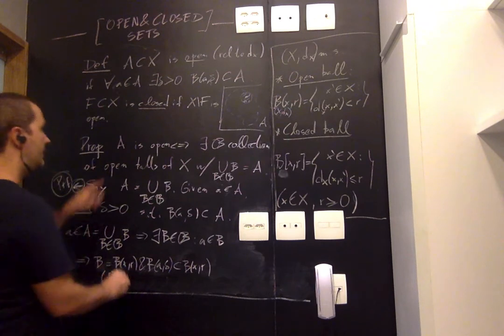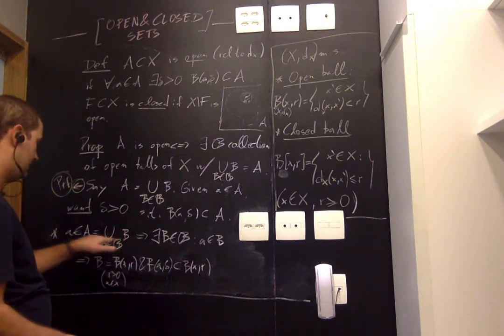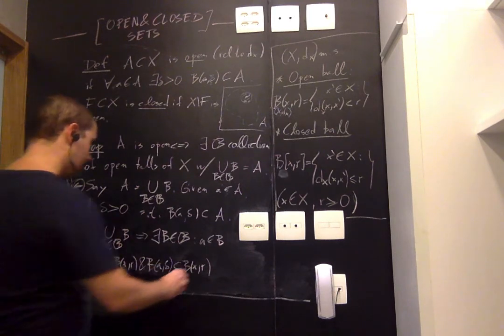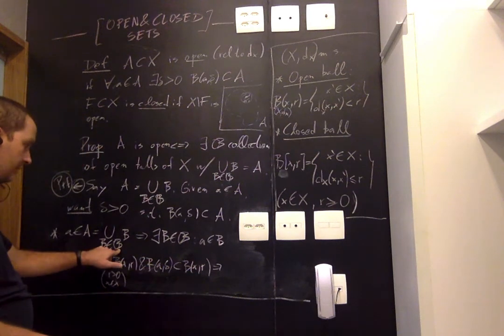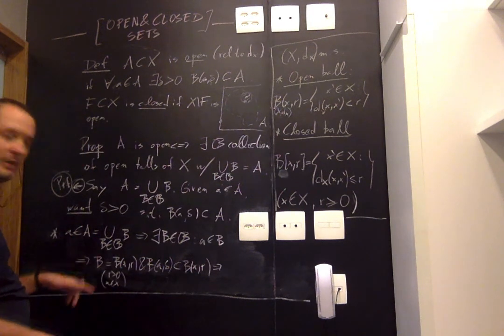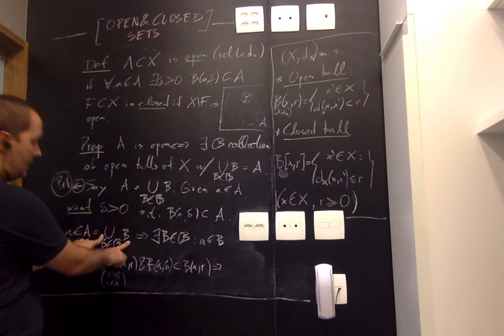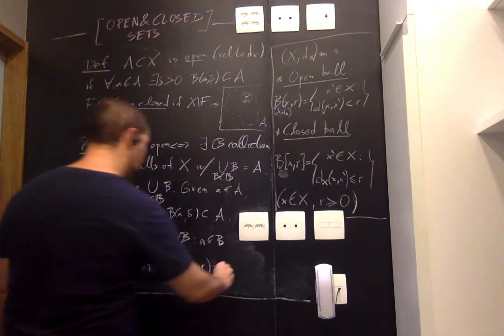I'm just saying that one of the balls in this union has to contain a little ball around a. But then notice, if this ball is contained in one element of the union, then it's contained in the whole union. To show that this ball is contained in this union, it suffices to prove that there is one set in the union that contains it, and that's precisely what we have.